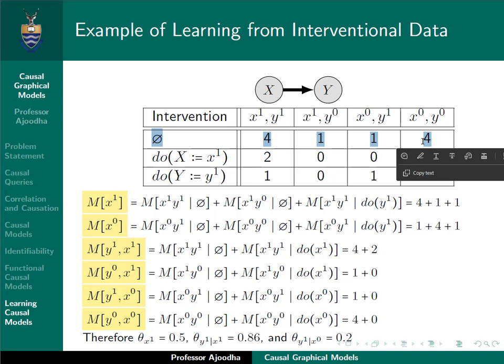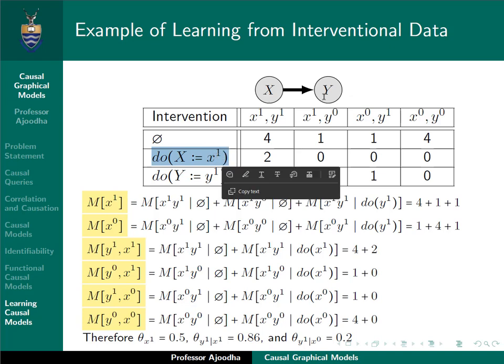Now we do parameter estimation. Well, in causal modeling, with interventional data, we can force a variable because we know what the structure of the causal network is. We can force a variable to take on a particular value. So we force X to take X1. If we force X to take X1, then Y1 occurs twice.